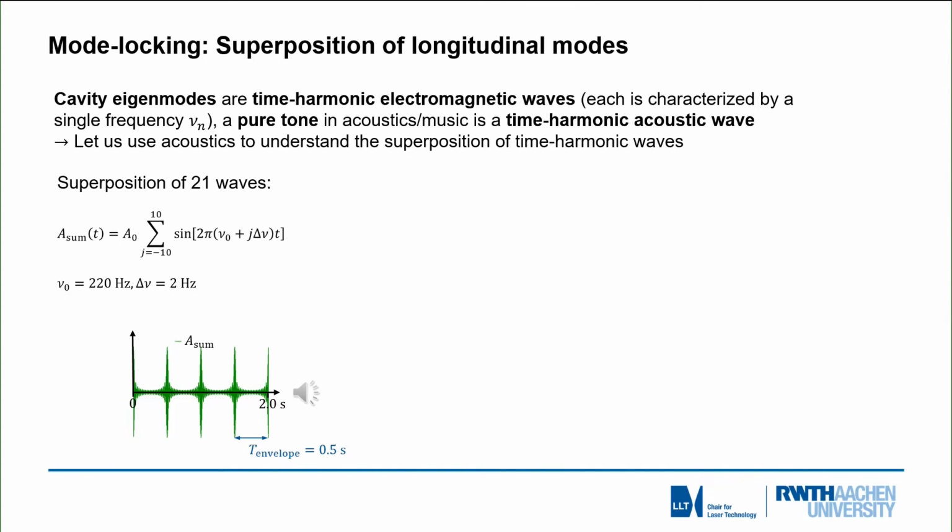So at 20 modes, we have 400 times higher intensity compared to the individual values of the contributing waves. And the pulse duration scales with 1 over the number of modes, so it gets shorter and shorter. If you listen to that, you already can hear this effect.